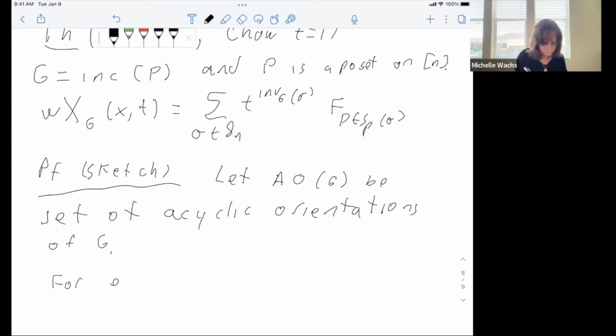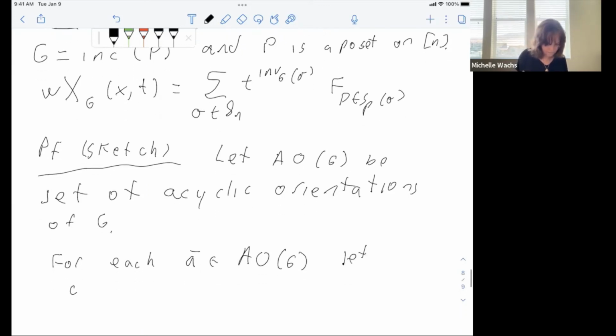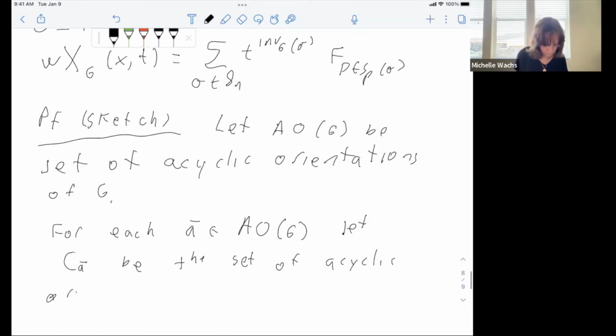For each acyclic orientation of G, let C_A, oh, I used C too many times. I realized I used it for coefficient. Now I'm using it for coloring. Oh, this is a capital C. The set of acyclic orientations of G.